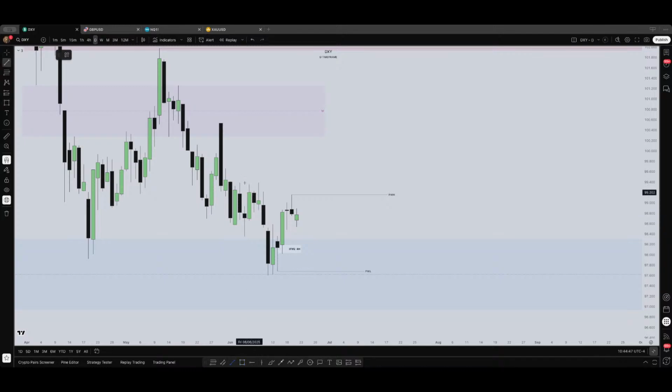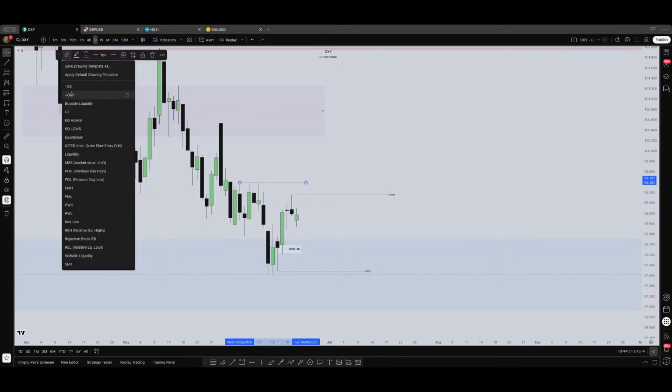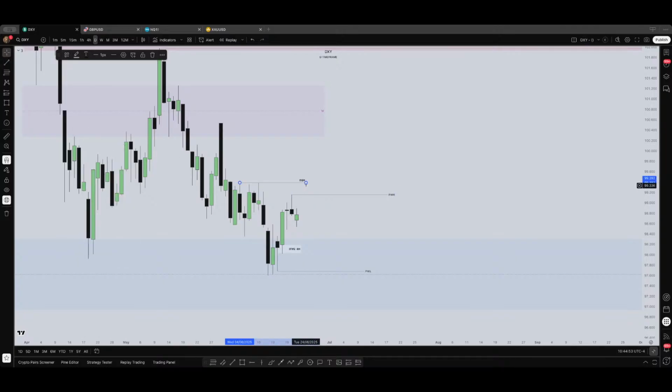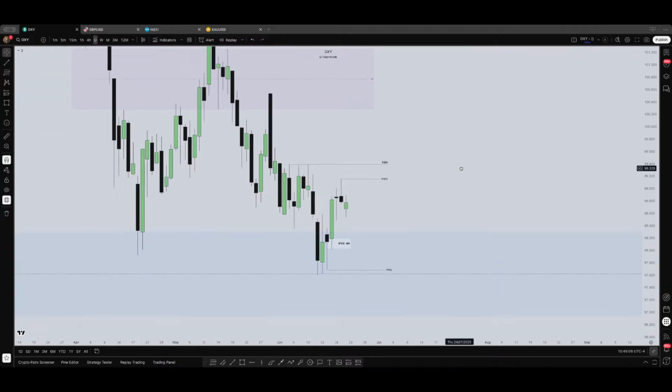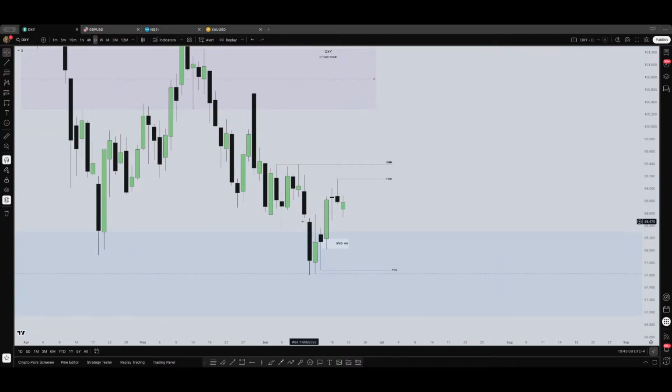I mean, they're pretty equal. Yeah, equal highs. Okay, so these levels are in a high time frame, so they are strong levels. We have an imbalance here. This is a daily one.